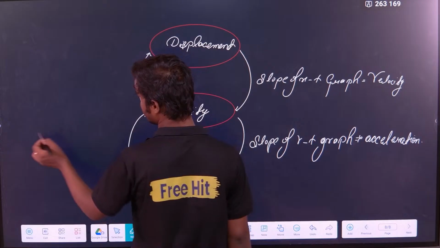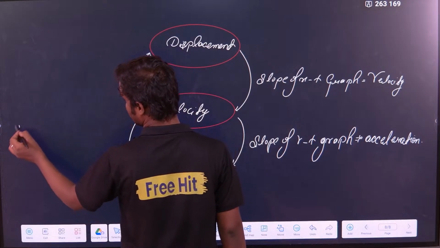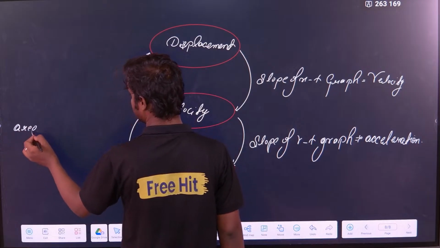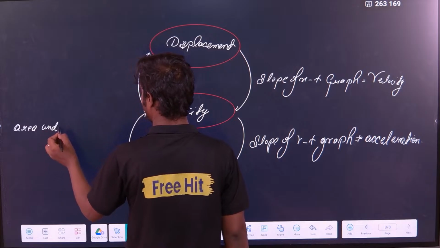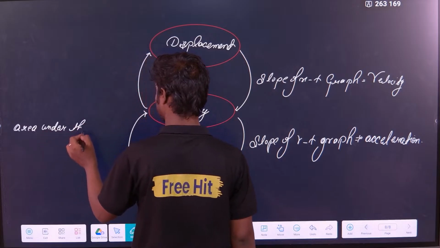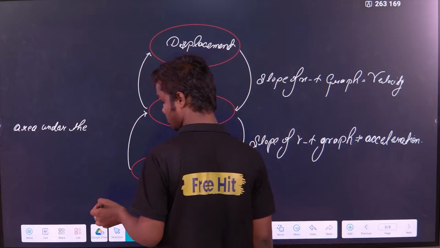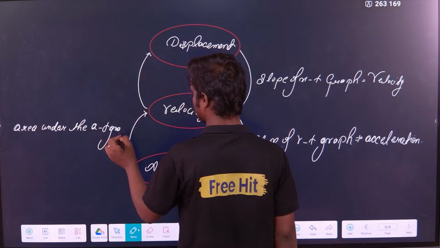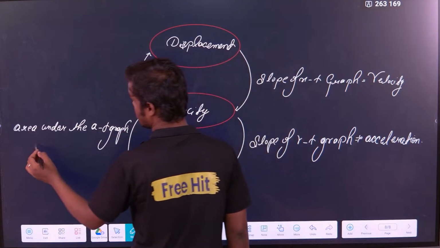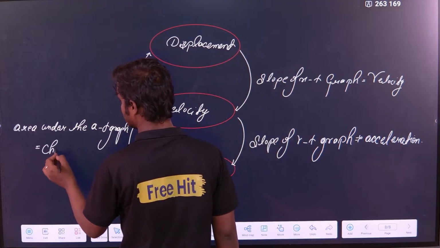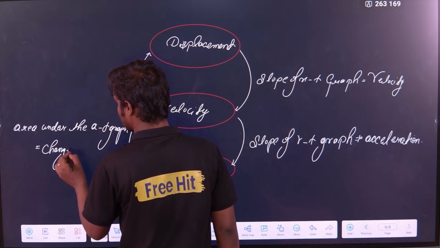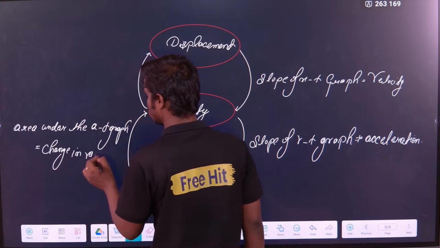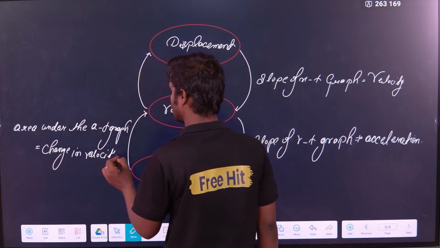Suppose I have to go from acceleration to velocity: this is defined as the area under the at graph, which is the change in velocity.